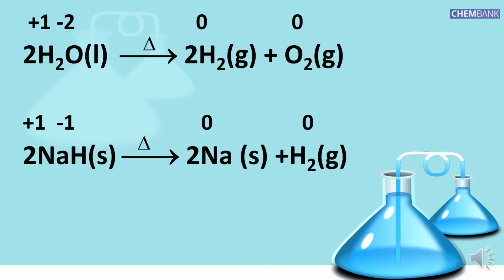So this decomposition reaction is a redox reaction. Similarly, decomposition of sodium hydride. In this case, the oxidation number of sodium changes from +1 to 0, and the oxidation number of hydrogen changes from -1 to 0, and this is again a redox reaction.